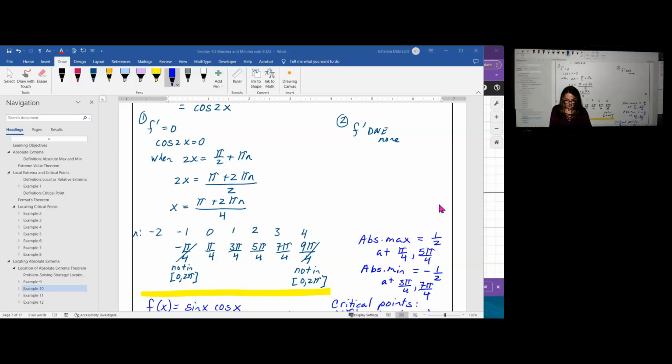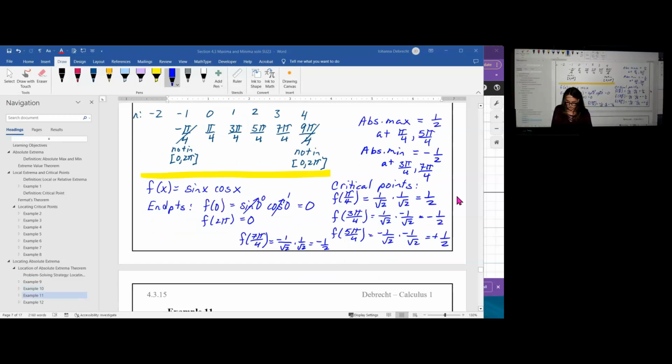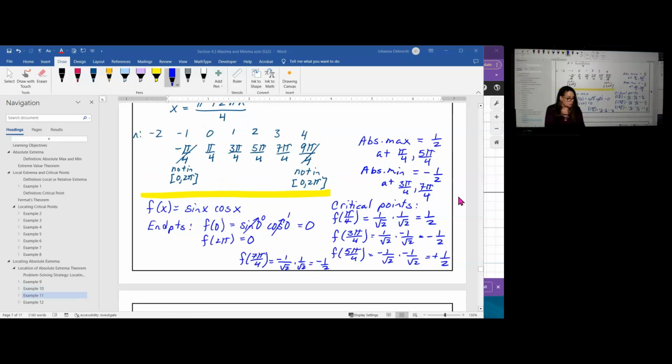The next step is to evaluate the original function at the endpoints and the critical points. Evaluating the original function, sine times cosine, at both 0 and 2 pi leads to the value of 0.